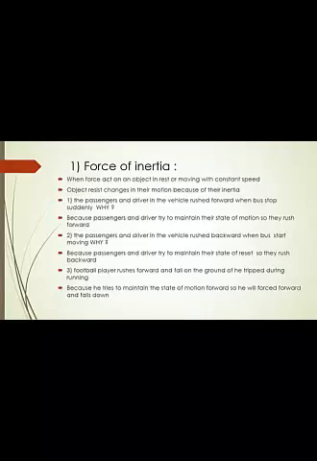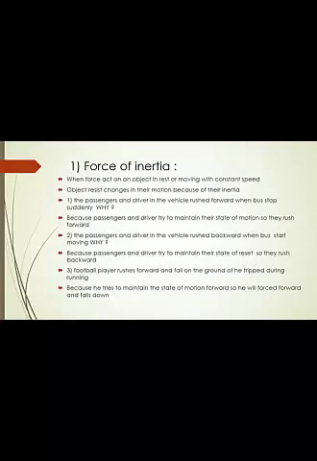Because of the effect of inertia. Imagine an object in a state of resting or in a state of motion. When a force acts on it, it tries to keep its state of resting or its state of motion.